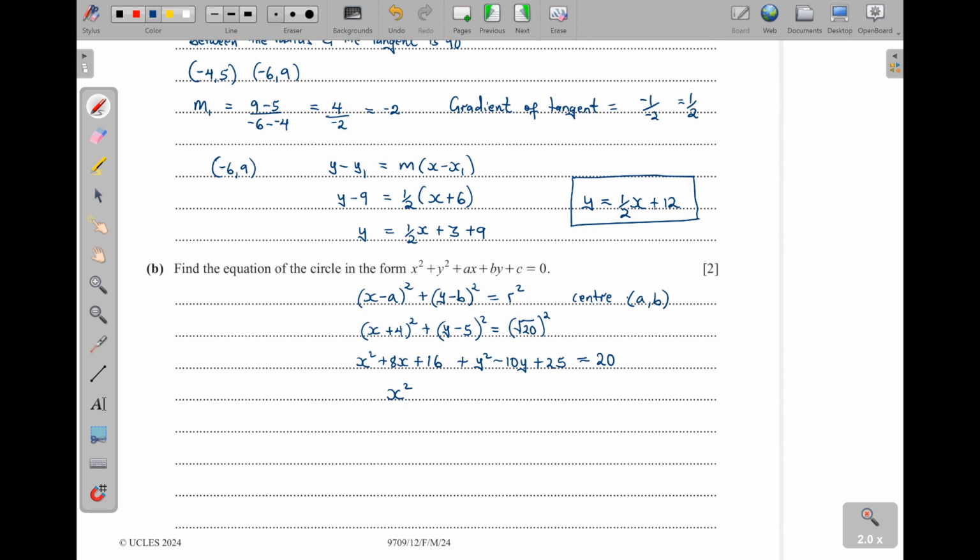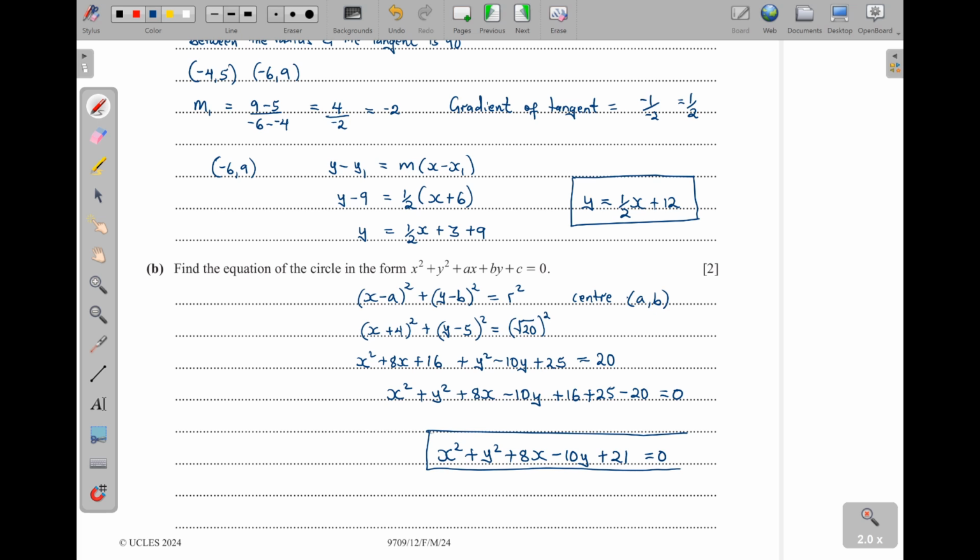So you have x squared plus y squared, then I can write 8x here, and then minus 10y, then plus 16 plus 25 minus 20 is equal to 0. So altogether, this simplifies to x squared plus y squared plus 8x minus 10y, then 25 minus 20, that's a 5. So 5 added to 16 gives us 21. So plus 21, which is equal to 0.